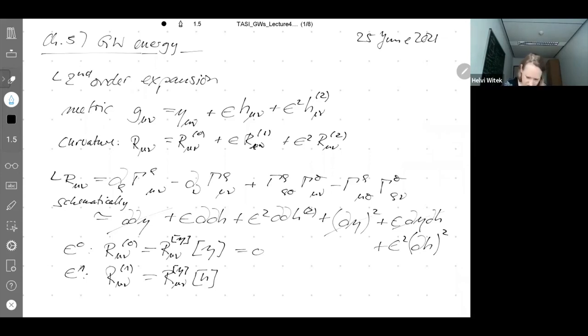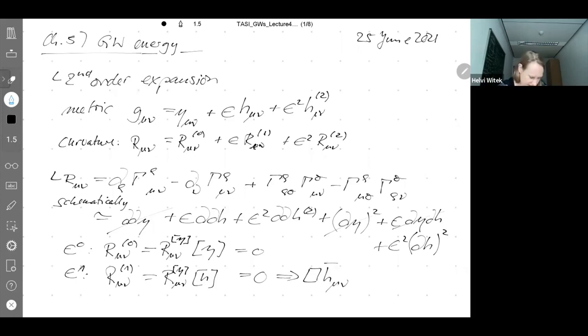The other combination we already saw vanishes, so this is 0, which means that if we insert that into our Einstein's equations, and let me also reintroduce the matter energy momentum tensor, it gives us exactly the wave equation that we have already seen in our lectures.